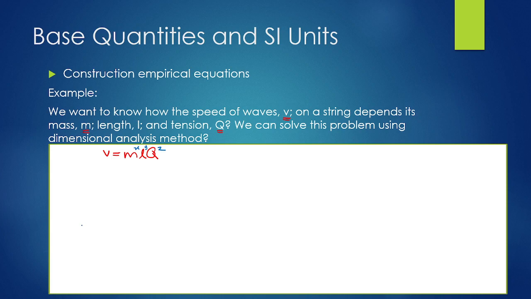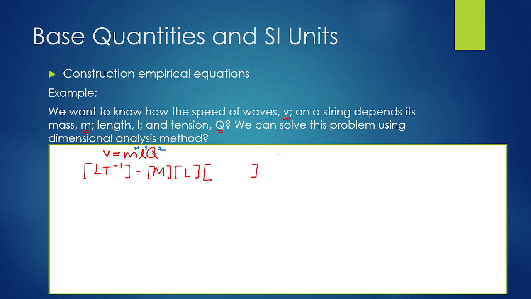So remind yourself of the dimensions of all the physical quantities. v is a speed, so it is velocity, with dimension L T negative 1. Mass is capital M, and length is capital L. And Q is the tension.